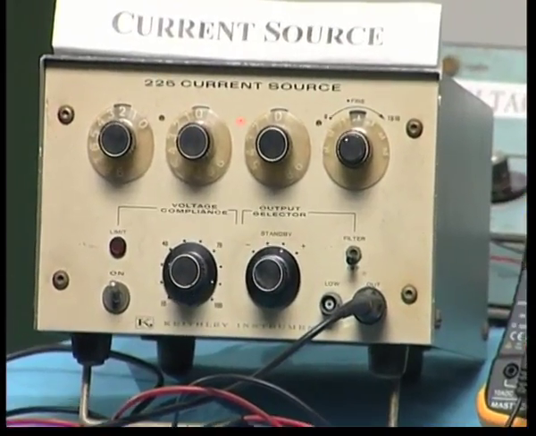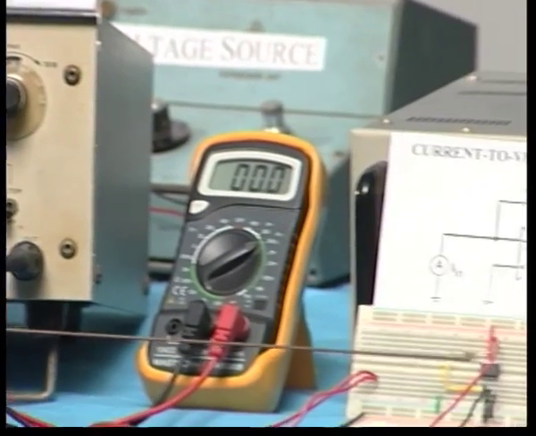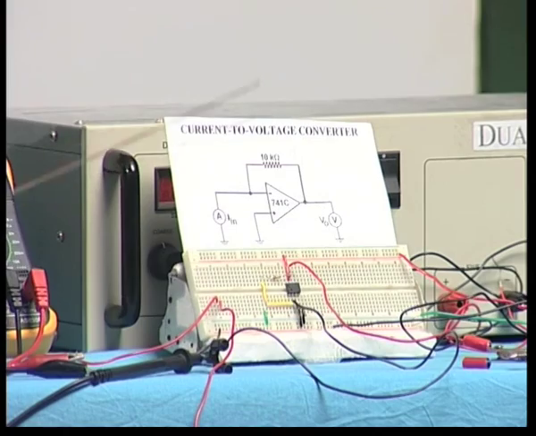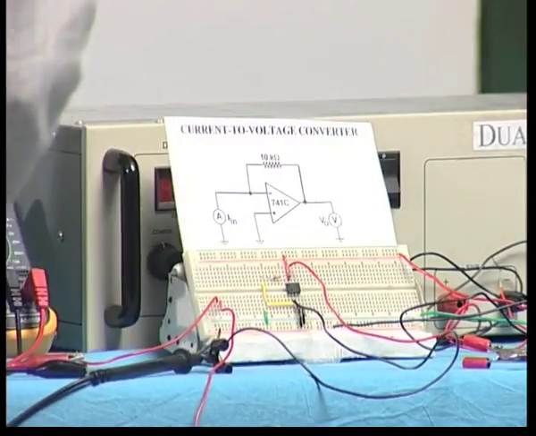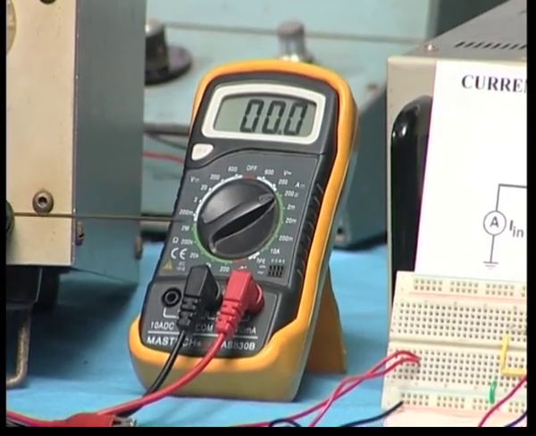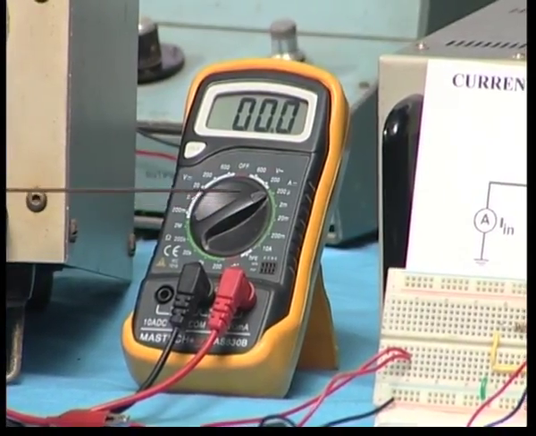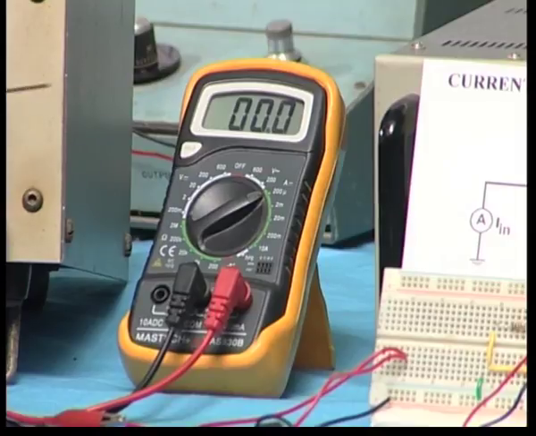So, this circuit current source is connected to the input and that current flows into pin number 2 of the amplifier, and the output is monitored here. To measure the current, I have introduced a current meter, another multimeter. I have selected the 200 microampere range here, and therefore, what it measures is the input current.